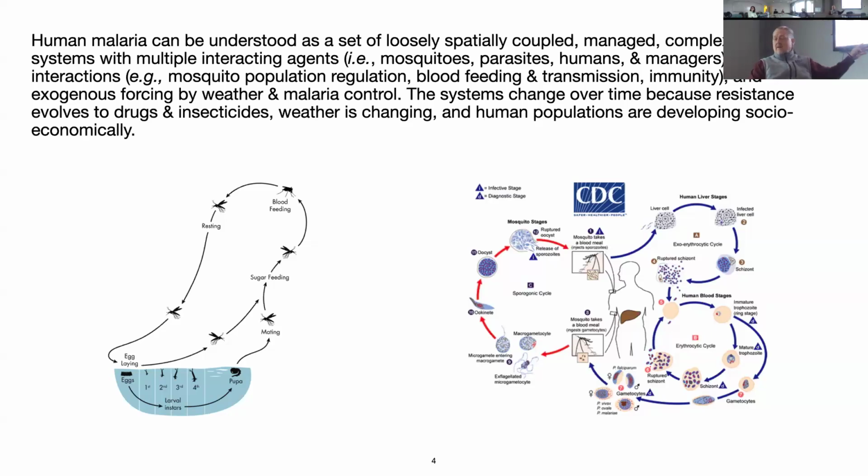The two agents that we're going to focus on: the one on the left is a diagram of the mosquito feeding cycle and life cycle. Once an adult has emerged, they mate, and then they go through this cycle of blood feeding and laying eggs, with sugar feeding intermittently, depending on the species and the context. The eggs are laid in the water. They hatch into larval instars.